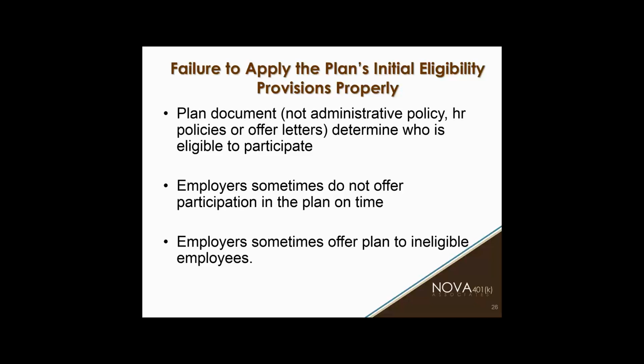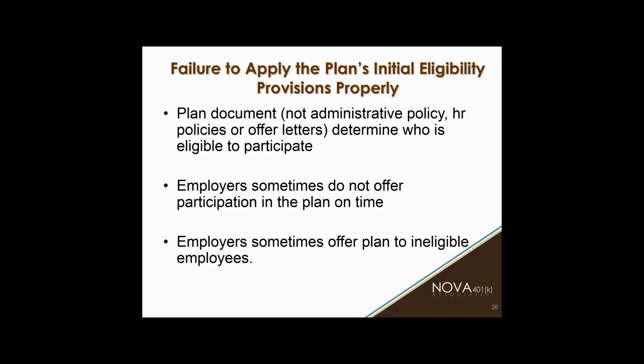So another extremely common error is failure to apply your plan's initial waiting period. If you get this wrong, you can let people in either early or you can let them in late. But just keep in mind, this legal plan document is what defines what the waiting period for eligibility is in your plan. It doesn't matter what your administrative policy is.